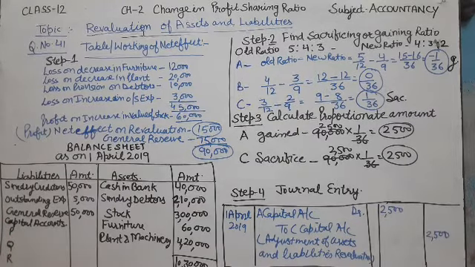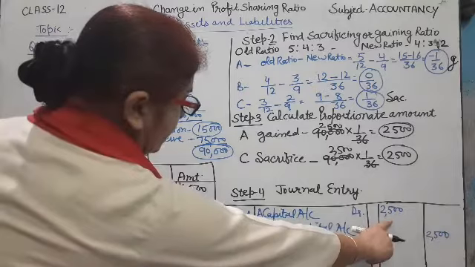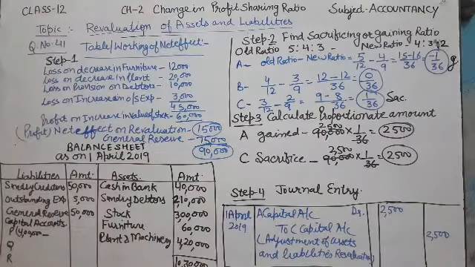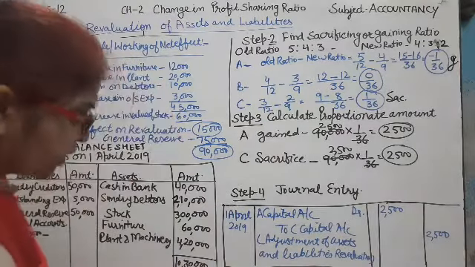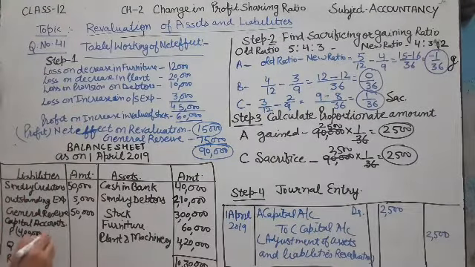P capital account balance is 4 lakh, but now it is decreased by 2500 because A capital account is being debited. So we subtract here. 4 lakh minus 2500, then balance is 3,97,500.